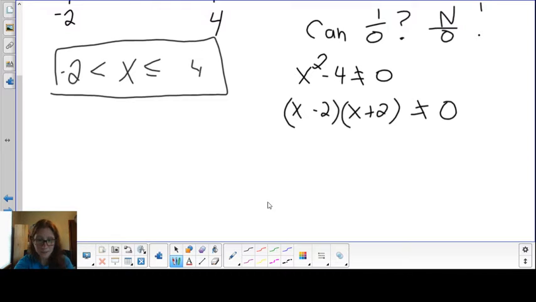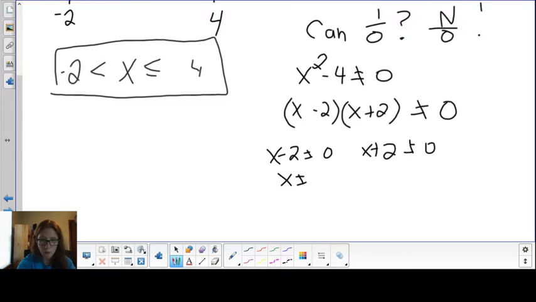And technically I can still set this not equal to 0, just like I did yesterday. The only difference is I have the not equal part instead of the equal part. So x cannot be equal to 2, and x cannot be equal to -2. Again, all I did was solve that like I normally did. The only difference is that it has the not equal part instead of the actual equal part.